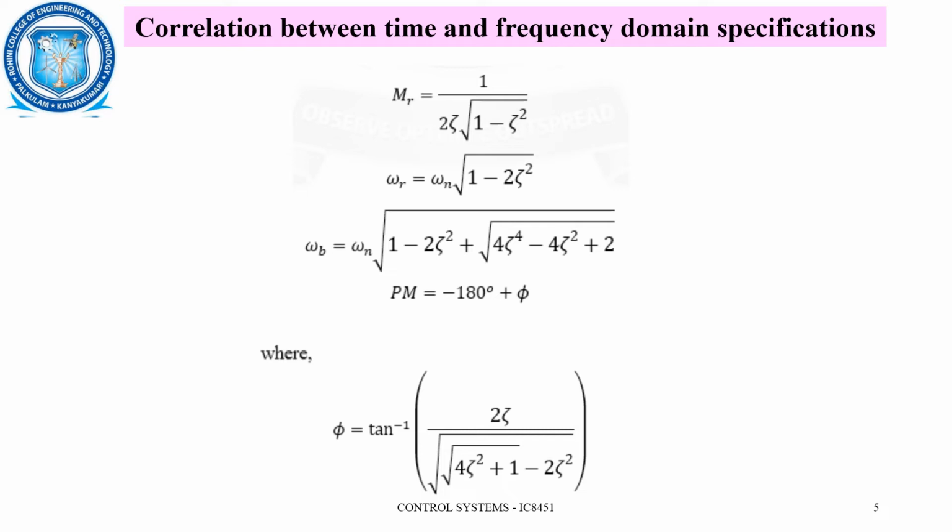You can't determine the value of Mr since omega r is equal to omega n into 0, so obviously omega r is 0. Since omega r is 0, it directly reflects that there is no resonant peak value. This is what we are going to express graphically.